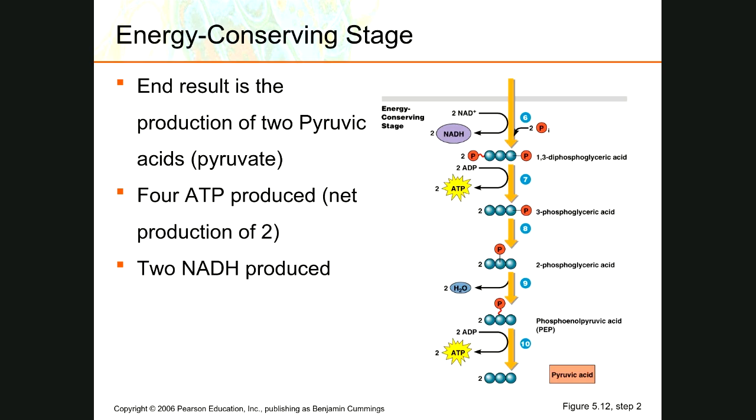The cell also makes 2 molecules of NADH. What are the NADHs carrying? Electrons, right? So we've split our 6-carbon glucose. We now have 2 3-carbon pyruvic acids, also known as pyruvate. We broke one of those covalent bonds, and we captured those electrons in the NADH.